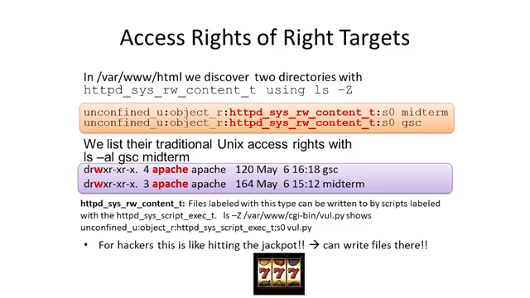We pay special attention to the third tuple, the type. According to the Security Enhanced Linux document, any file labeled with the httpd_sys_rw_content_t type can be written by a script labeled with the httpd_sys_script_exec_t type.